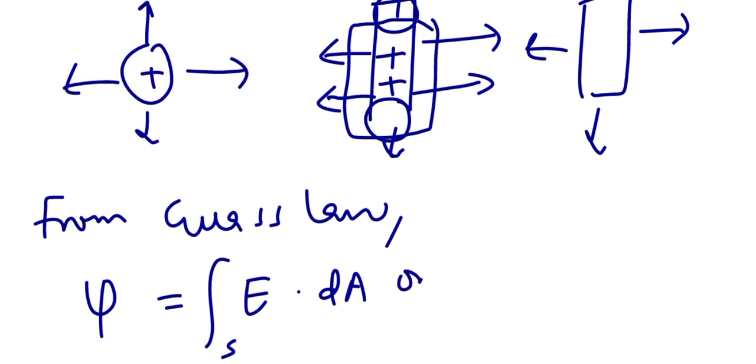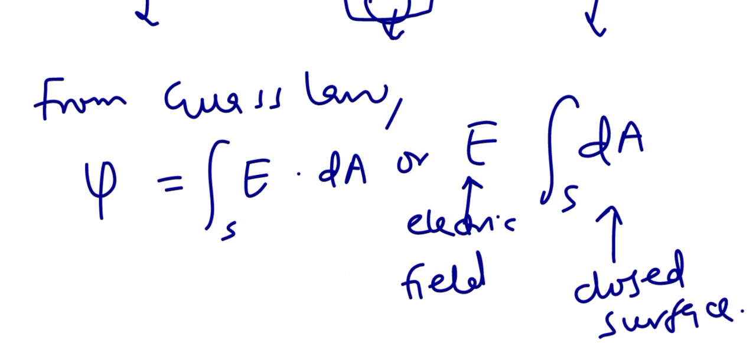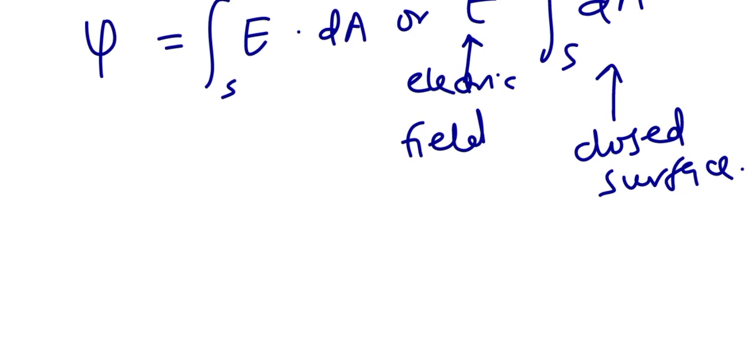Or you can write it like this: the electric field over a closed surface. So the electric field is coming out over a closed surface. By applying that, we will be able to solve for the electric field.